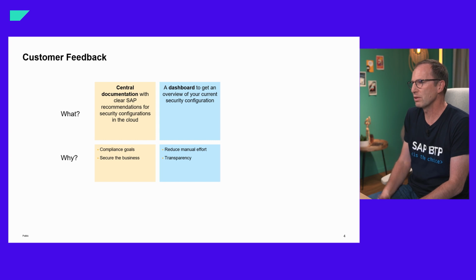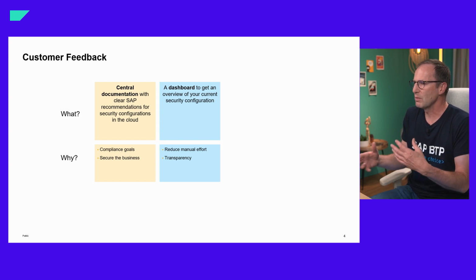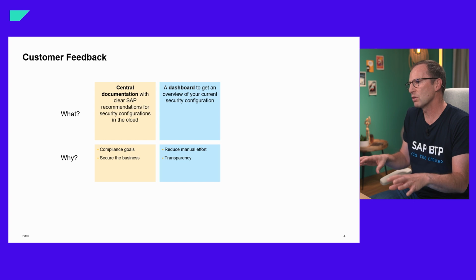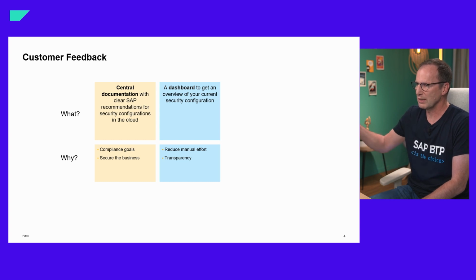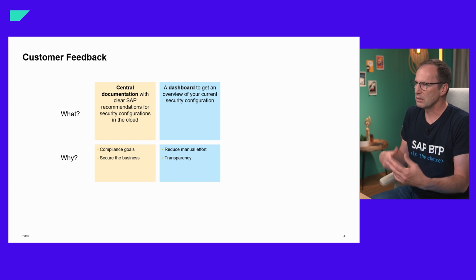What they also requested from us is a dashboard to get an overview of their current security configuration, to reduce the manual effort of looking into each and every service, at what the default configuration is and how they have configured it, so that they have a dashboard where they can see the most important configurations. That reduces their manual effort and leads to more transparency for their services.